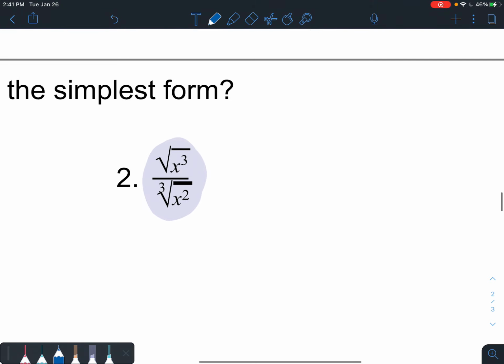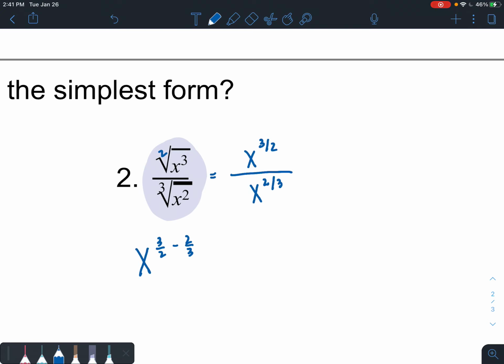Yeah, we'll just leave it like that. Okay, this next one. This is an index of 2, so we've got x to the 3/2 over x to the 2/3. We're going to do x to the 3/2 minus 2/3.